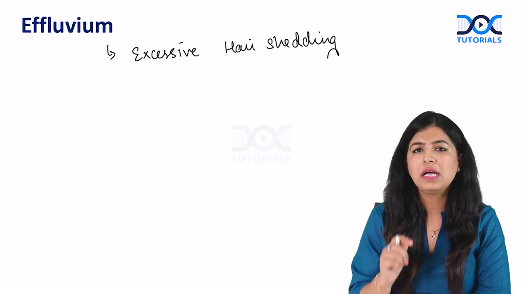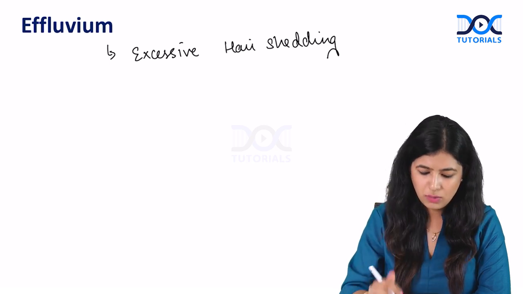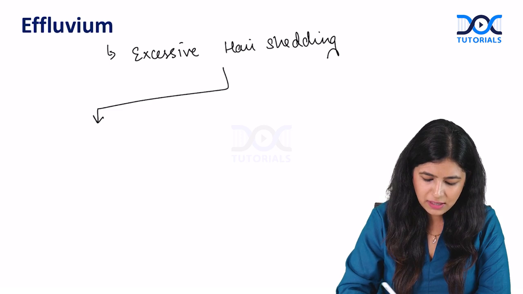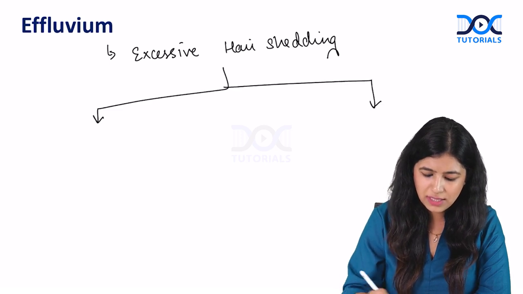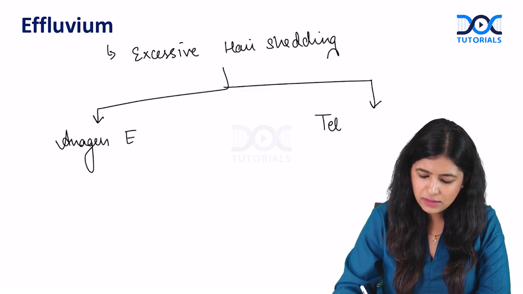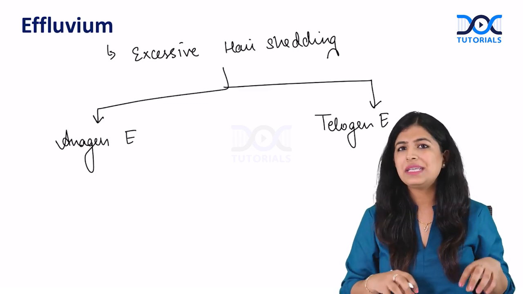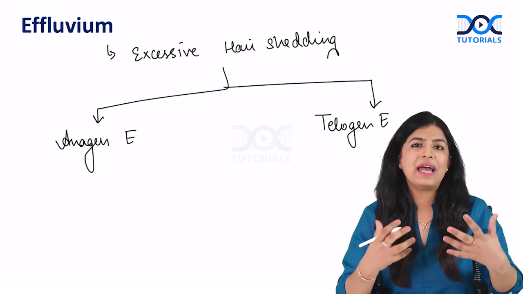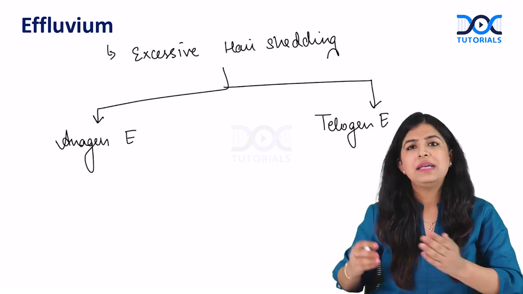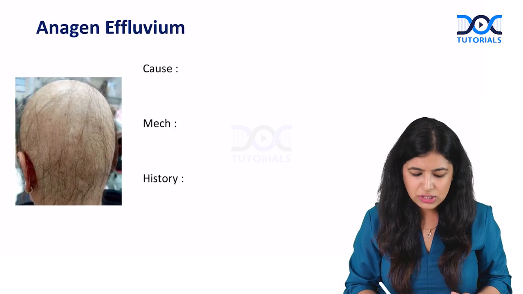Depending upon the hair stage that is affected, whether it is the anagen hair or the telogen hair, we have two types: anagen effluvium and telogen effluvium. As the name suggests, in anagen effluvium, it is more of the anagen hair that are shedding. In telogen effluvium, it is more of the telogen hair that are shedding.